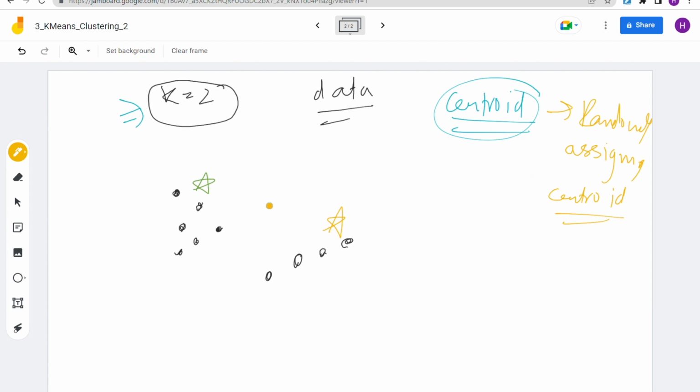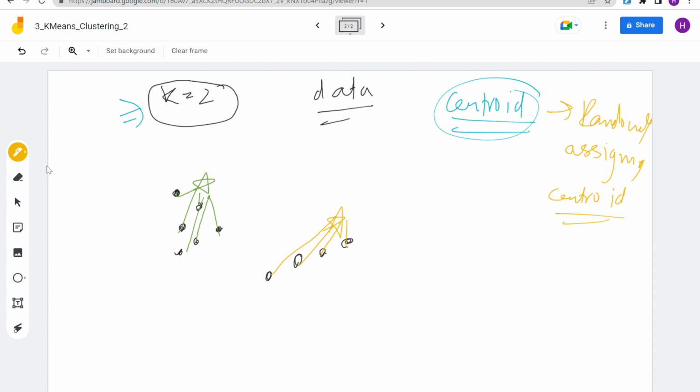Now after that we will see which points are close to this centroid. So we can see this point is close, this point is close, this point is close, this point is close to this. And on the other hand, these points seem closer to this centroid.